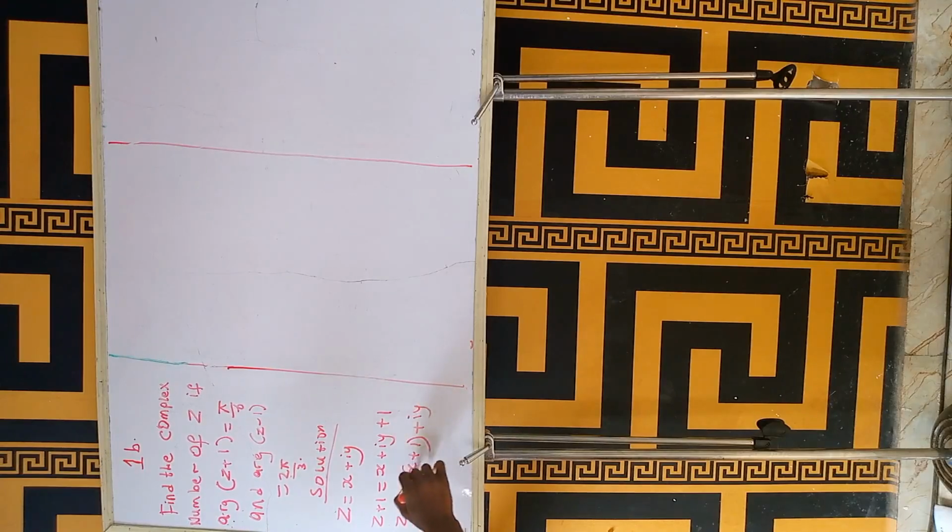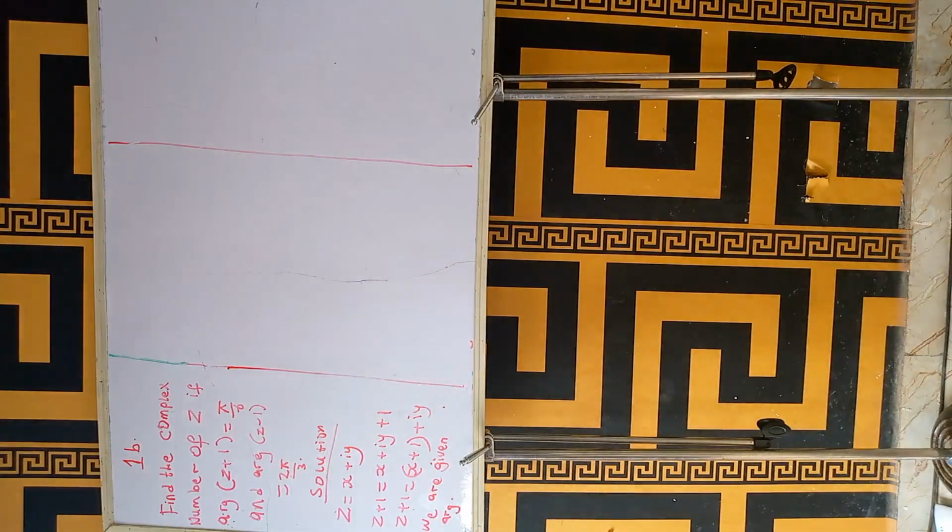That is our real and this is our imaginary. In the question we are given the argument, which means angle. And whenever you have an argument like that as an angle, definitely you are going to have something like this.